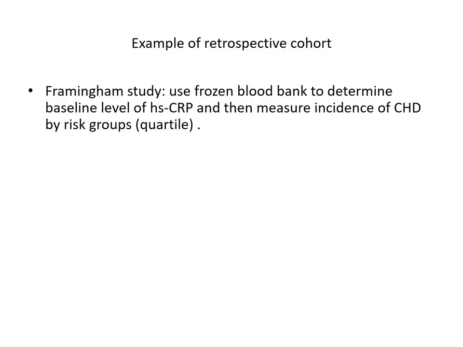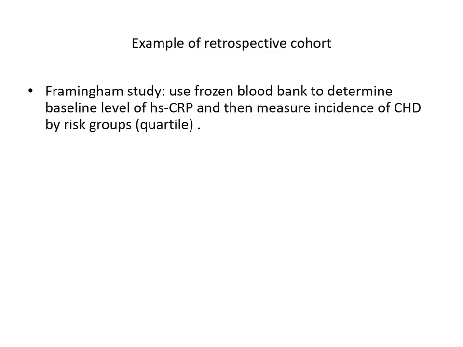During their assessment of patients, they used to take blood samples. They put these blood samples in -80 freezers, and then they go back to this frozen blood bank to determine baseline levels of C-reactive protein and then measure the incidence of coronary heart disease by risk groups.